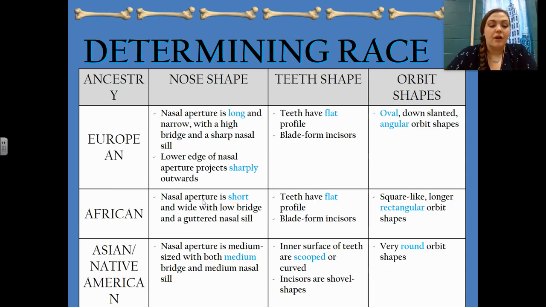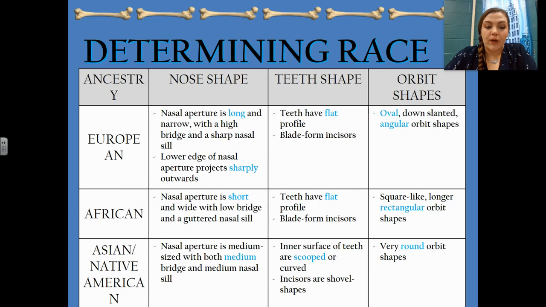The nasal aperture is medium size for Asian or Native American, so in between the longer pointy one and the flat or nonexistent one. There should be a more medium-sized bridge and a more medium-sized hole, not long and narrow, not short and wide, just in between.